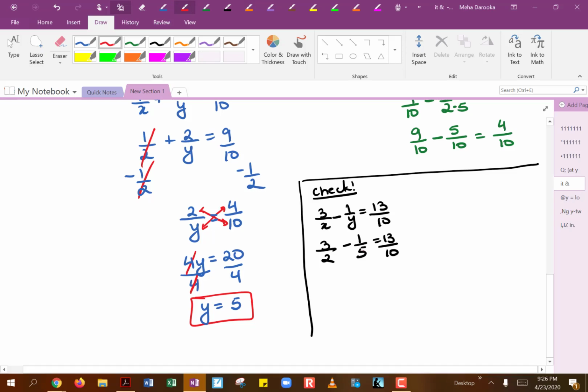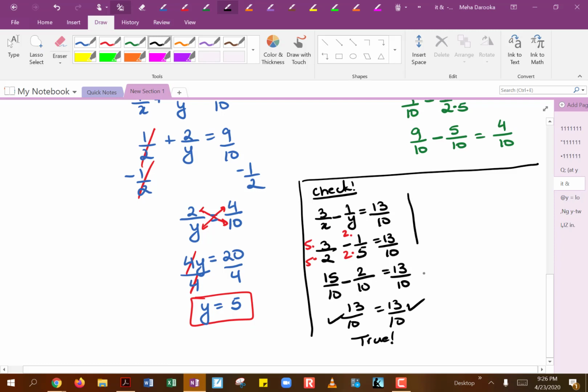To find our common denominators, we would multiply this fraction by 5 and this fraction by 2, and 5 times 3 is 15, and 2 times 1 is 2 over 10. When you subtract 15 minus 2, you end up getting 13 over 10. And you will see we get a true statement here, so it checks out on the first one.